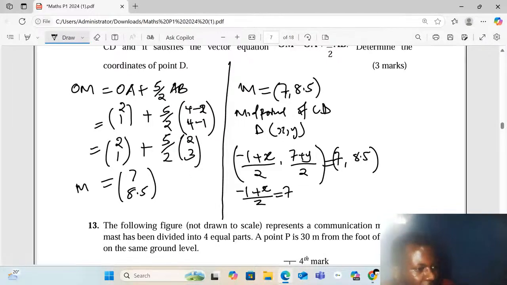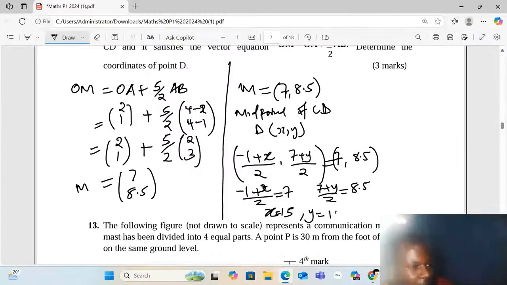And then 7 plus y over 2 equals 8.5. Having this, find the value of x, and here you're going to have x equal to 15. Then y: 7 plus y over 2 equals 8.5. Now, our y becomes what?